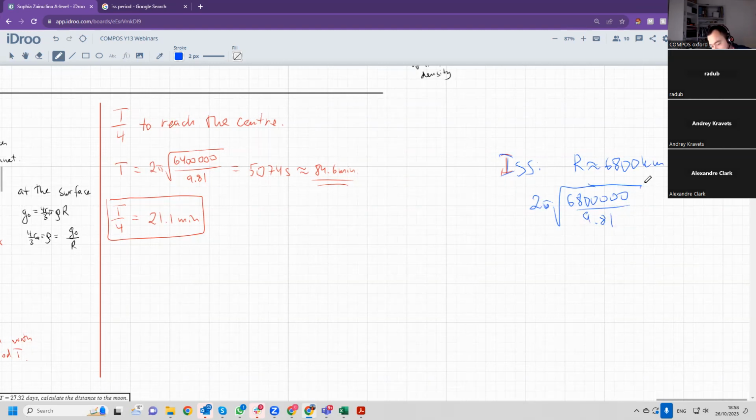So 2 pi multiplied by the square root of 6,800,000 divided by 9.81.